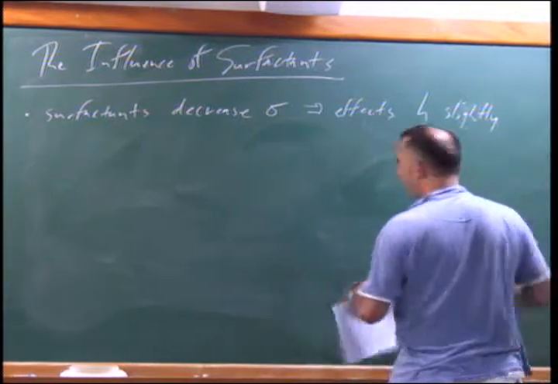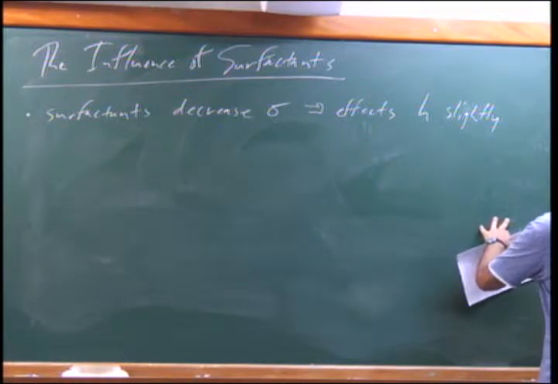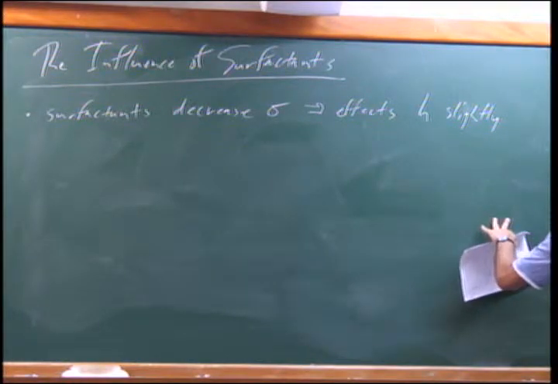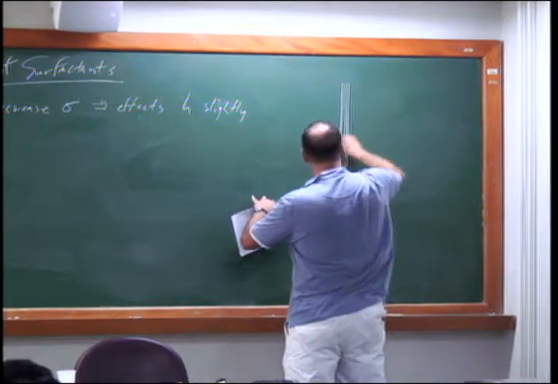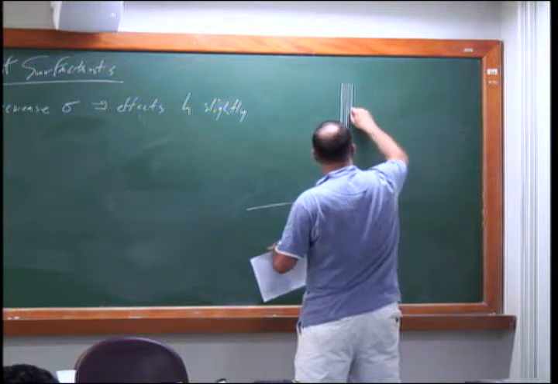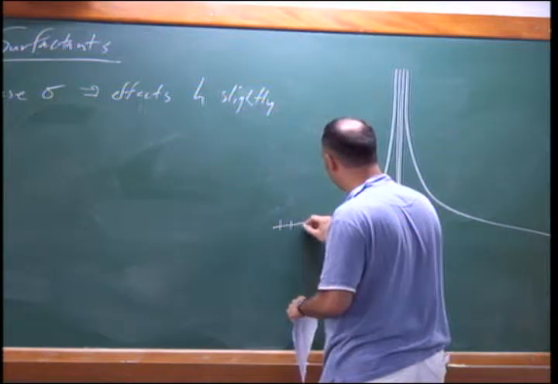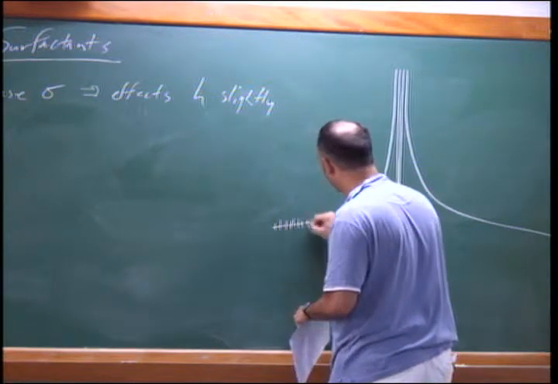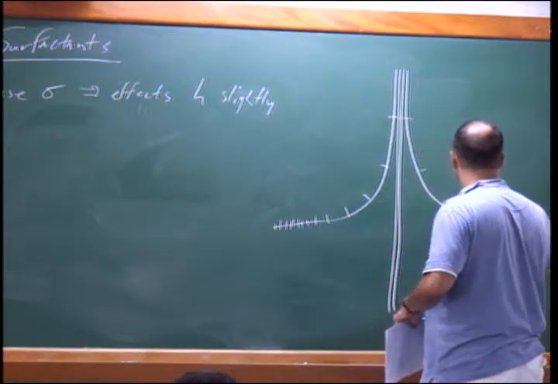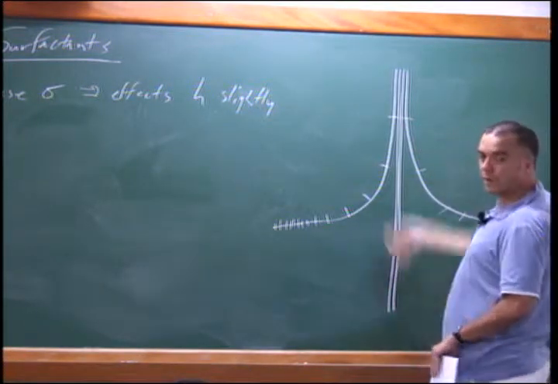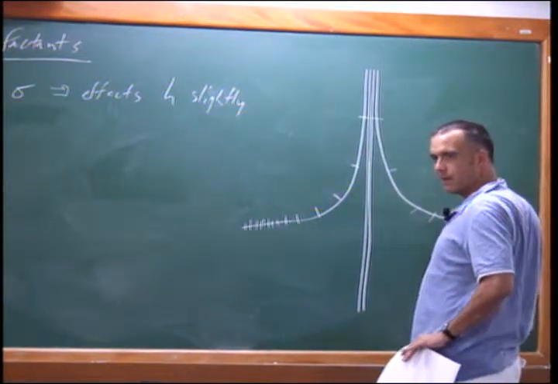But we know that they also impart an effect of elasticity to the surface. So if this is our configuration, say we're pulling a plate out, and we have a contaminated interface, you're creating surface area, so there's going to be less surfactant here than here.